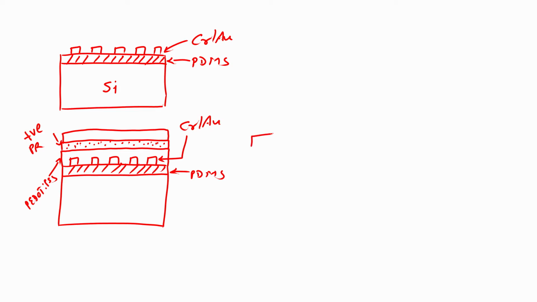So, if my piezoresistor looks like this, and if I take a cross section of it, I would only be able to see two pillars like this.